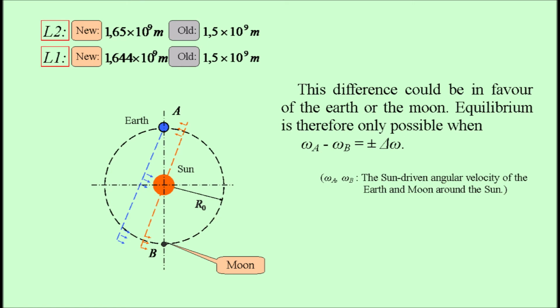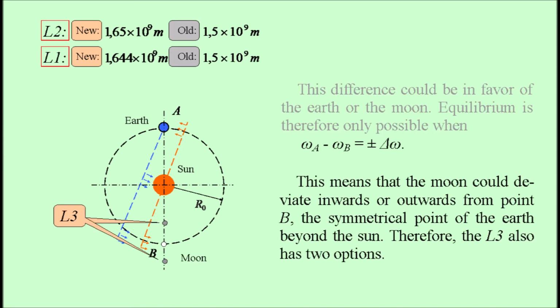This difference could be in favor of the Earth or the Moon. Equilibrium is therefore only possible when this means that the Moon could deviate inwards or outwards from point B, the symmetrical point of the Earth beyond the Sun. Therefore, the L3 also has two options.